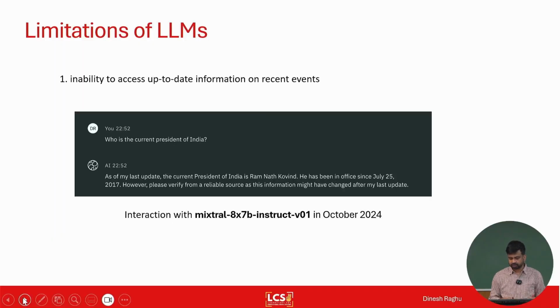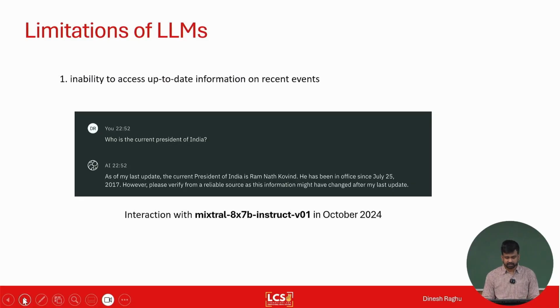So let's go back a year or two ago, when LLMs did not have access to tools, right? Everything the LLMs did was based on what they had in their parametric knowledge. So during those times, when you asked a model a question about a current event, like who is the current president of India, the model was most likely to answer based on until when it was trained, right?